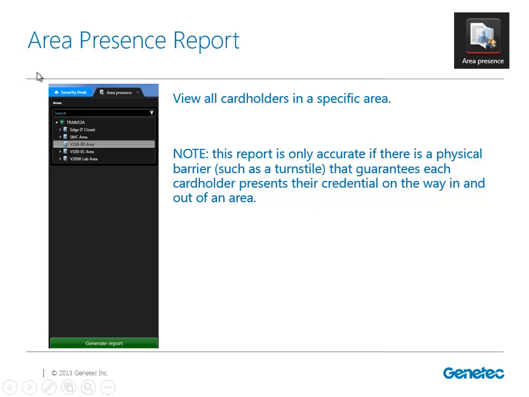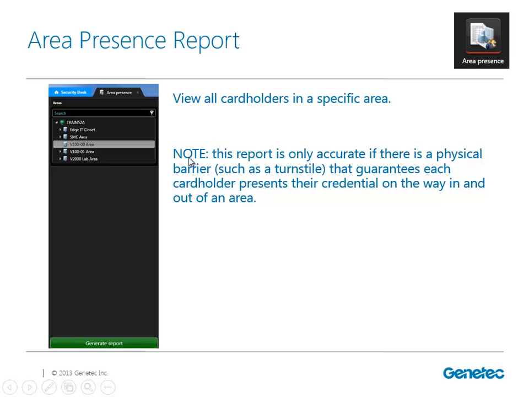We also have a report called the Area Presence Report, and it's basically being able to view all the cardholders in a specific area. I did mention that we can have doors, and those doors are grouped using the entity of an area. If they are, we can use this report to understand who's in the area that we're running the report against.